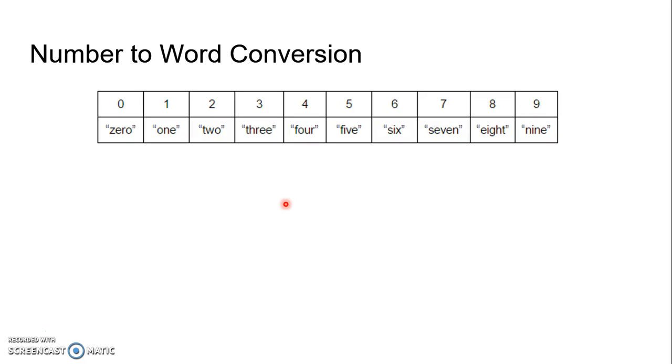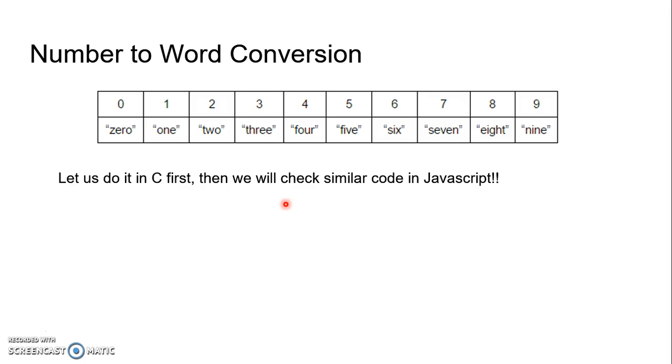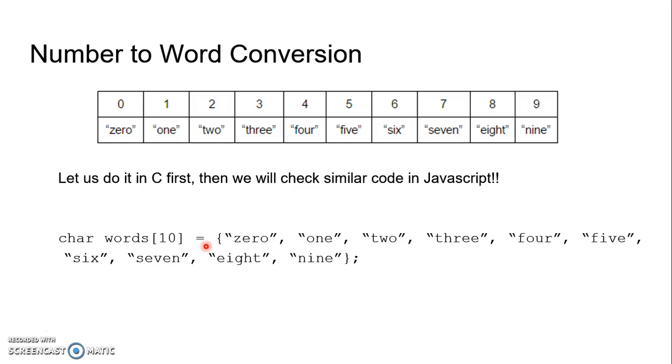If this is an array, then we can present it in any of the programming languages we have learned so far. So let us represent this kind of information using the C programming language. Let us say I'm having this variable words, which is an array of size 10, of char type.